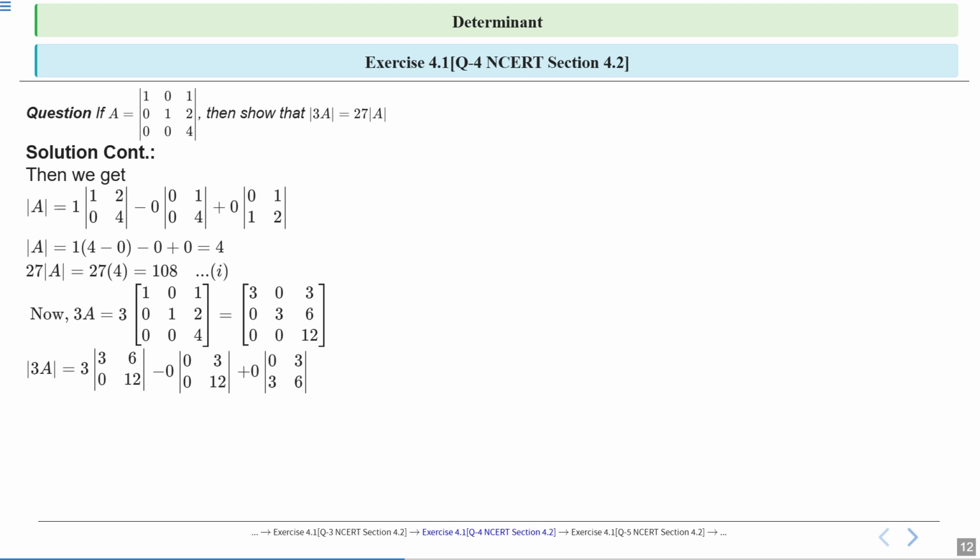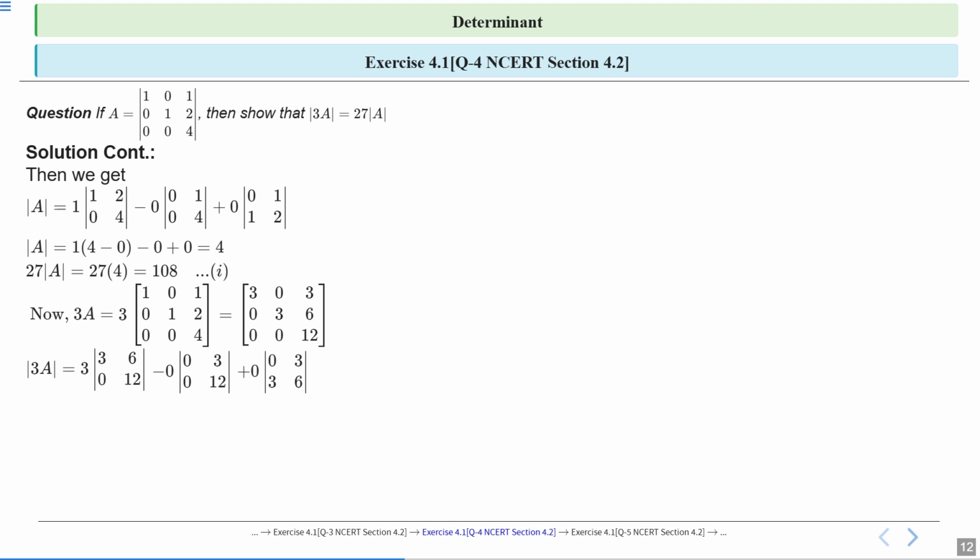We can see in the first column there are two 0s. Also in the second column there are two 0s. So we can expand along the first column, second column, and also the third row, so that we can easily calculate the determinant. Without loss of generality, just take the first column.